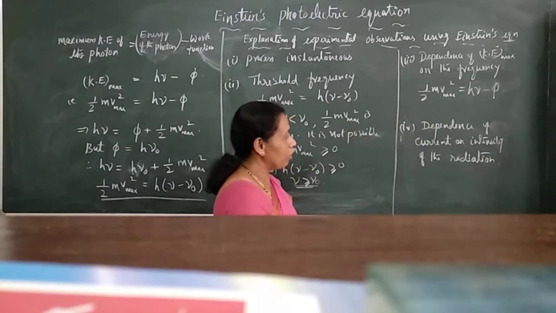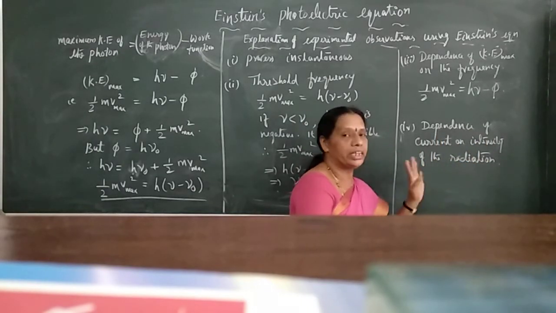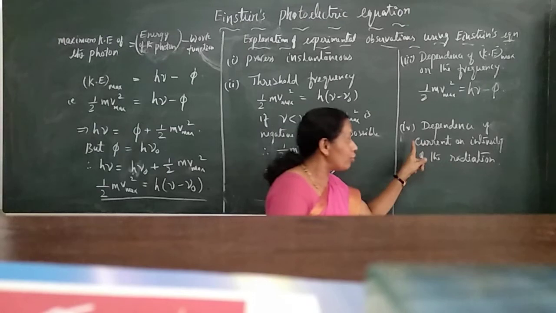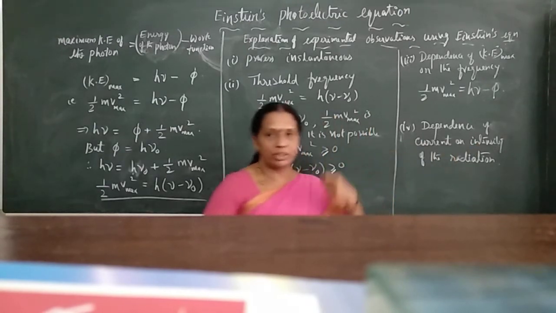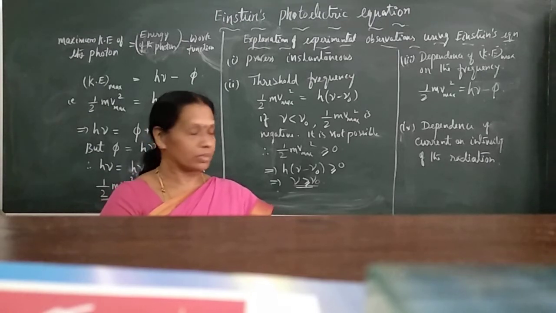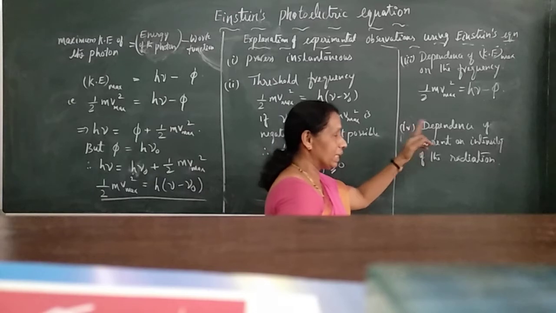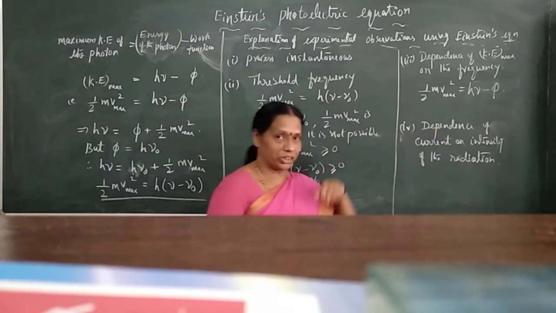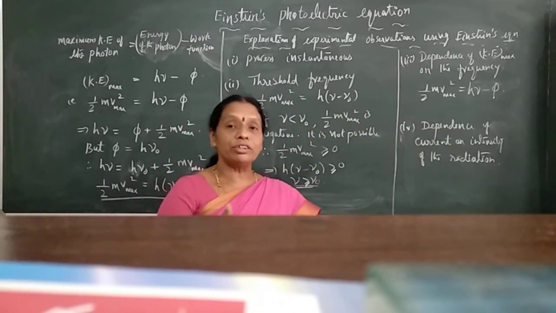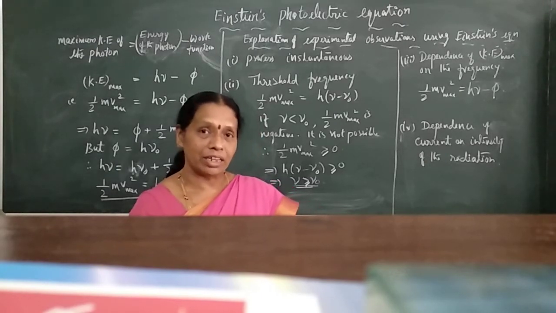One more observation is the dependence of photoelectric current on the intensity of the radiation. As intensity increases, there is an increase in the photoelectric current also. Increase in intensity means an increase in the number of photons.